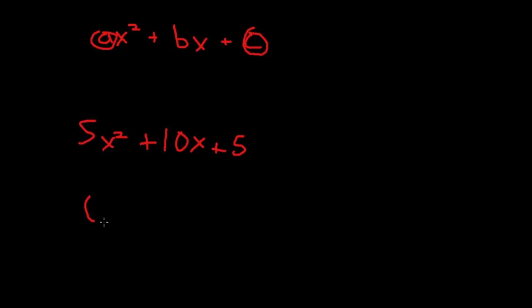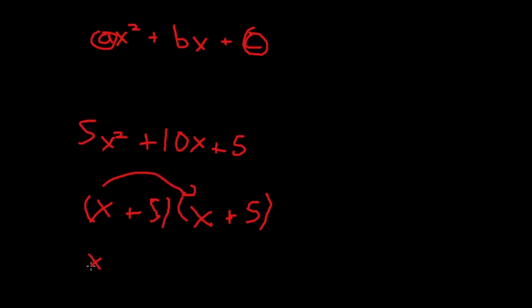Let me think. If I did this, this wouldn't give me the correct answer, so let's just try it out and see what happens. We do x times x squared, then x times 5, which is plus 5x.